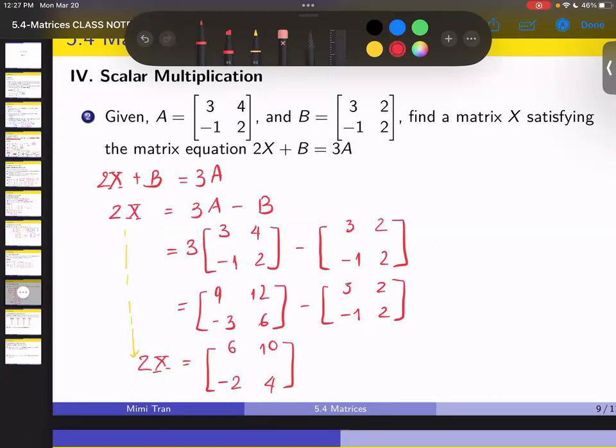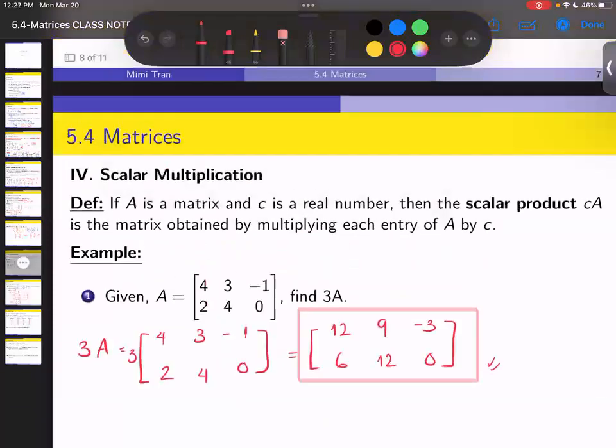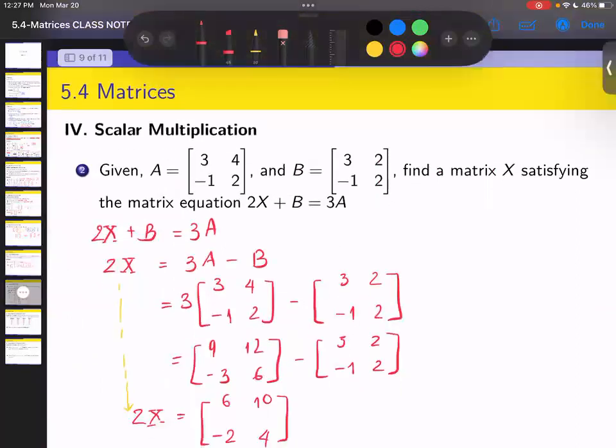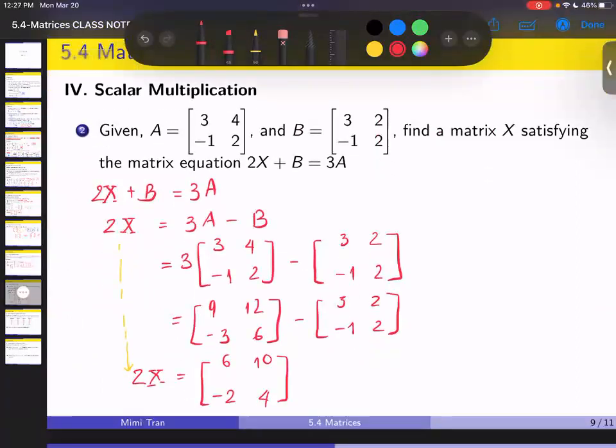We don't have a rule for dividing a matrix by a number. But what do we have? Scalar products, right? So instead of dividing by 2, it's the same thing as saying what? Multiply both sides by one half. Say 4 divided by 2 is the same thing as 4 times 1 half, right? So multiply both sides by 1 half.